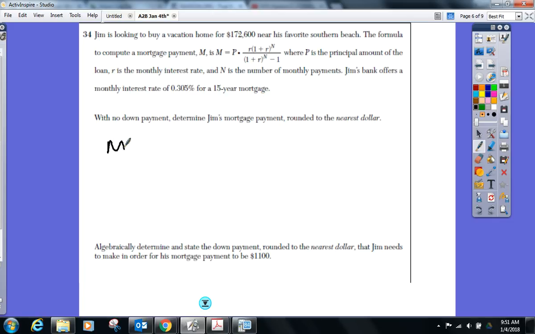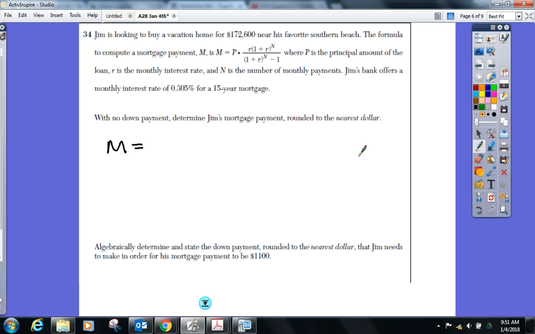So what's his mortgage payment, rounded to the nearest dollar? Okay, so help me fill it all in now, guys. P, principal. What money is he starting out with? Oh, no. Principal amount of the loan. He's making no down payment. He's not going to take a loan on $0. Wait, I thought principal is how much you're putting down.